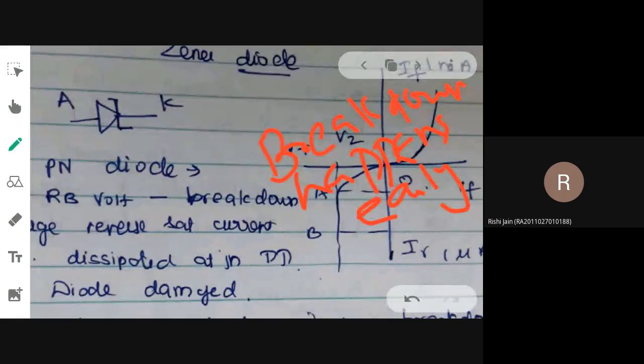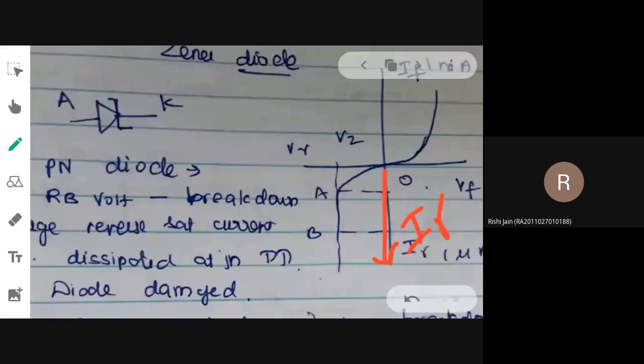And if you look at the characteristic curve, this is IR. As the saturation current increases, what is happening to the voltage? Is the voltage remaining constant or not? IR is increasing. What about the voltage? Voltage remains constant.